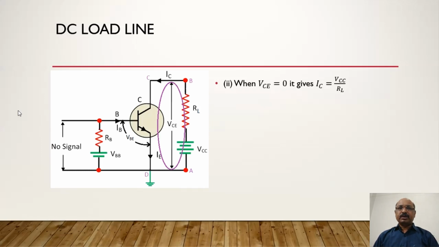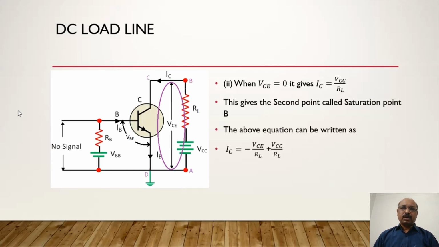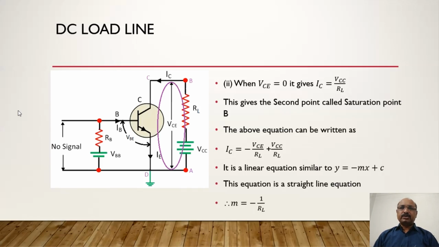This gives the second point, called the saturation point B. The above equation can be written as IC is equal to minus VC divided by RL plus VCC divided by RL. It gives a linear equation similar to y is equal to minus mx plus c. This is a straight line equation. Therefore, the slope m is equal to minus 1 by RL.